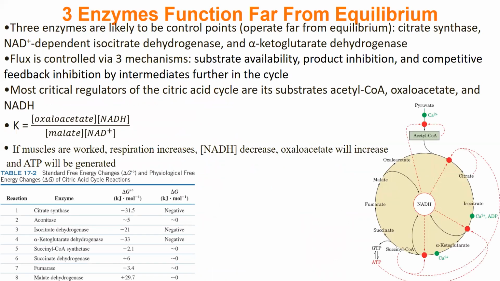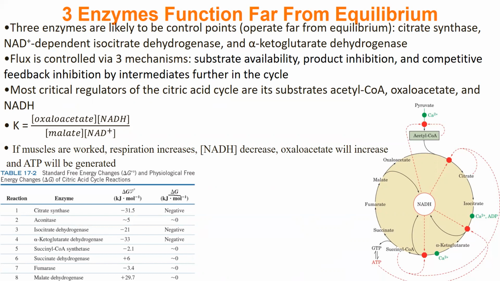Now, talking about the actual citric acid cycle itself, let's take some of the lessons we learned from glycolysis and apply them to regulation. To be an enzyme that controls flux, you have to operate far from equilibrium, and we are talking about normal cellular concentrations. Remember, we care about delta G here.